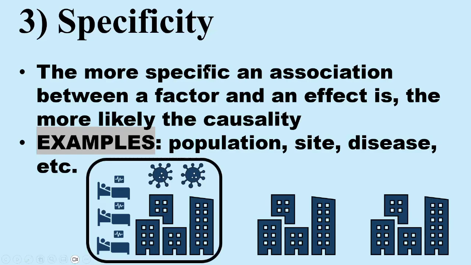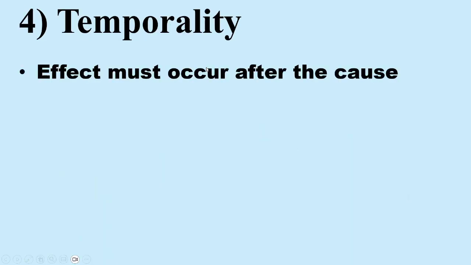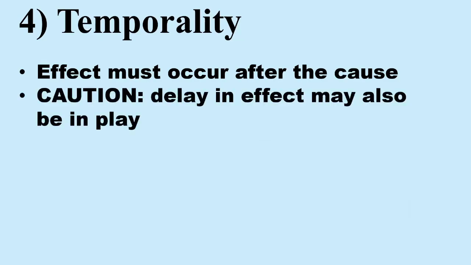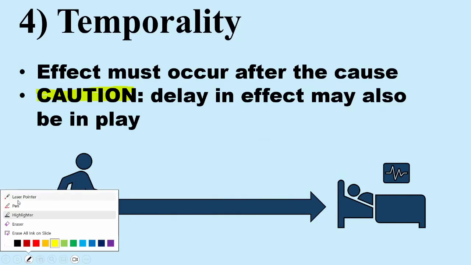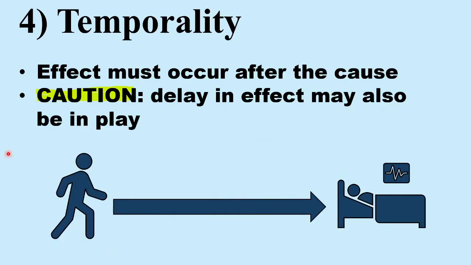All right, moving on, we have temporality. For something to be causal, the effect must occur after the cause. However, just a caution: there can be a delay in effect, so it might not occur immediately, but the effect should still come after the cause.